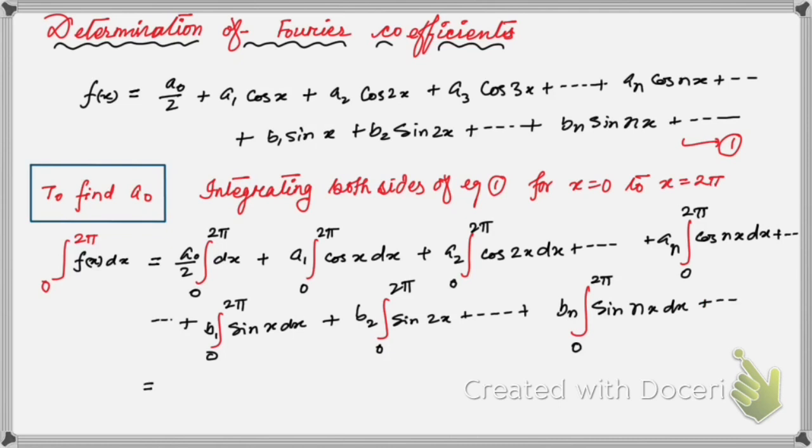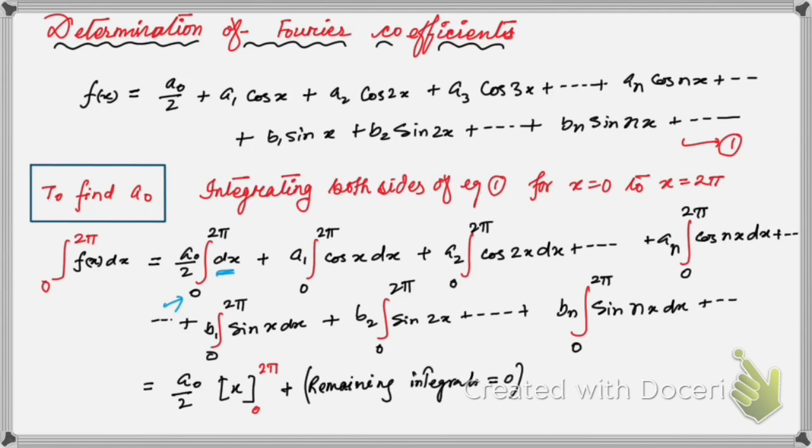Now you see, here only one term will be left, that is the first term. The remaining terms will be 0 because we have already got a few useful integrals. Here the integration of dx is x from 0 to 2 pi, and the remaining terms will be 0. Why?